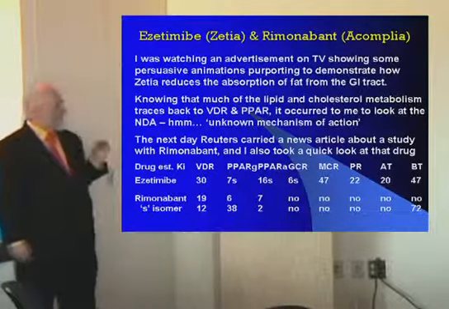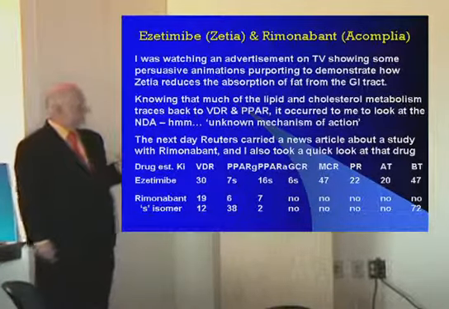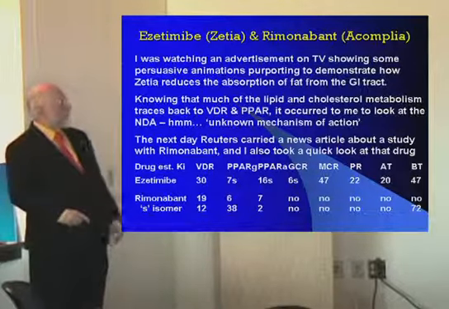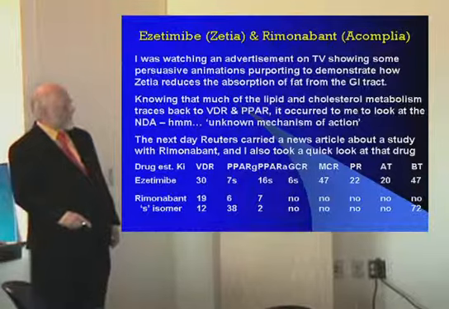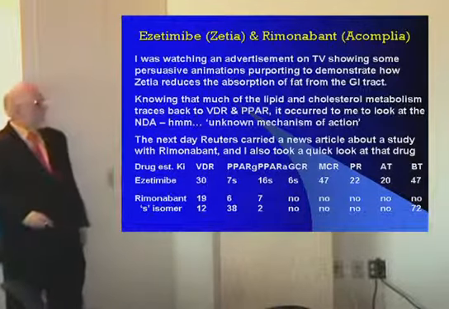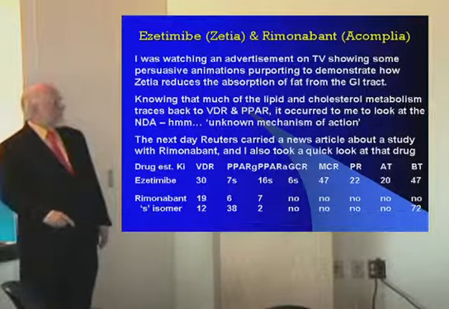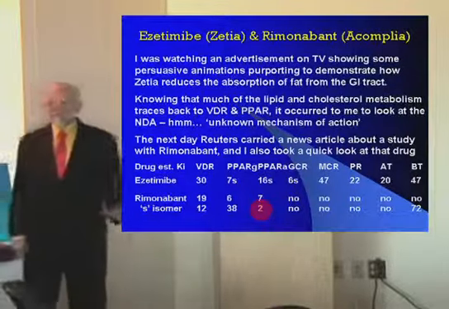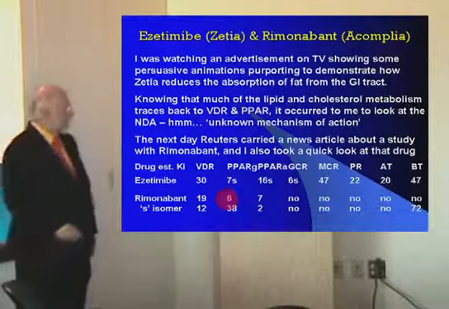Now, rimonabant is actually fascinating because if you were designing a drug to target VDR and PPARs, this would be the drug. You can see that it has no effect on the other nuclear receptors. This 72 is negligible at the dosages used. And it has a very significant effect on PPAR alpha in one of the isomers, and the other isomer has a very significant effect on PPAR gamma.